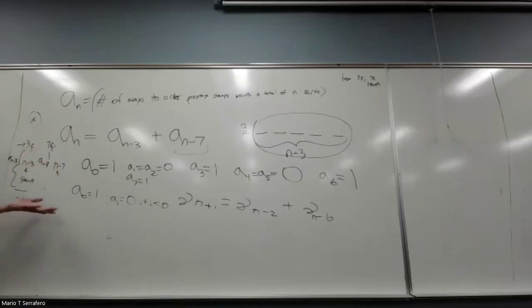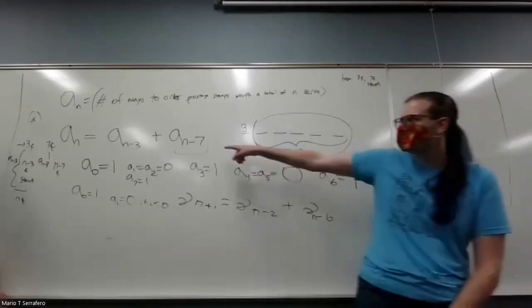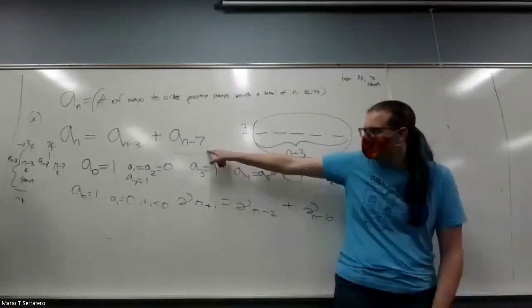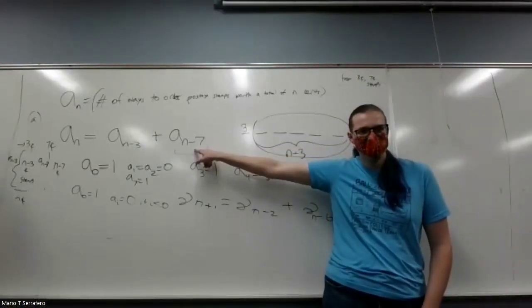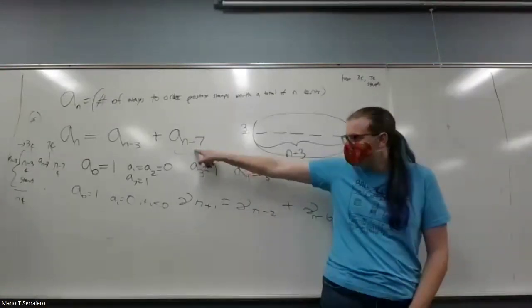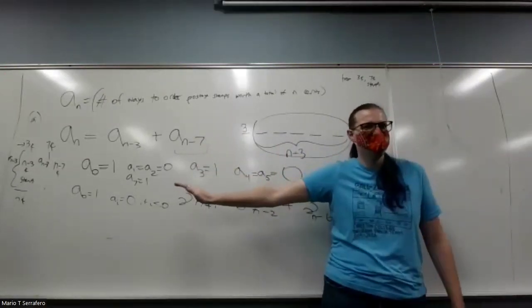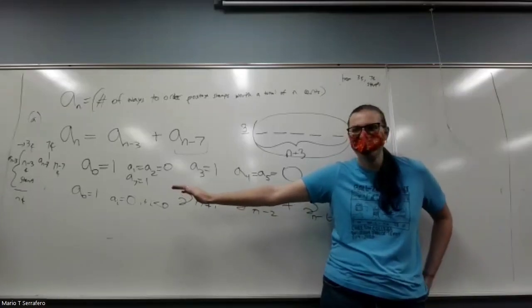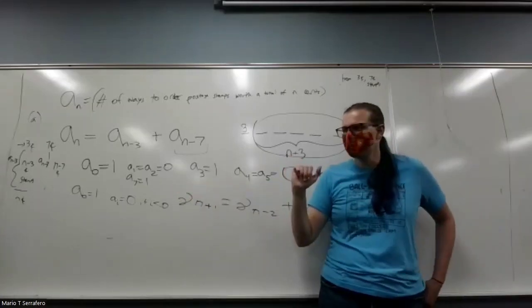I would say it's not always good practice to do that. Sometimes you will get recurrences where there isn't a pattern to your initial conditions. There's only a pattern once your recurrence kicks in. For example, I could say that this recurrence holds for n equal to 7 and higher, and I could give you random initial conditions for a_0 through a_6, and you'd end up with a different sequence.